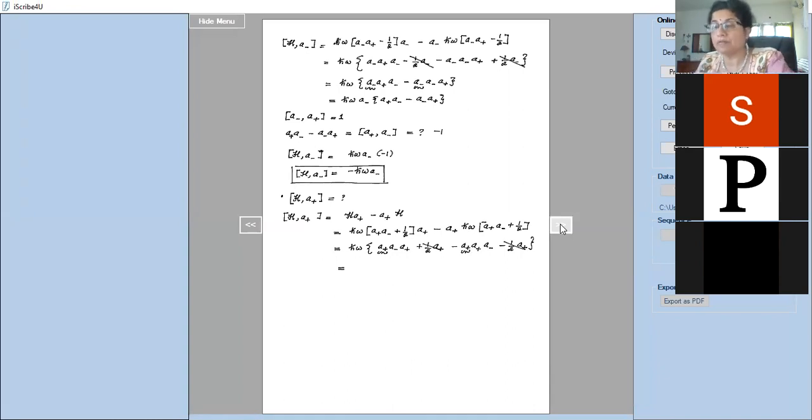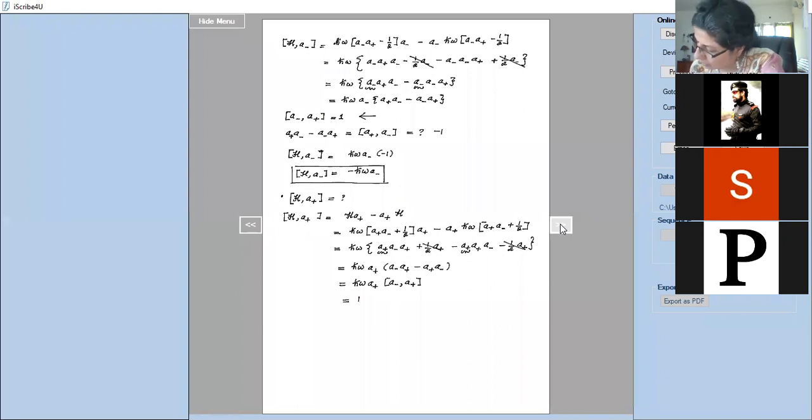We can take it out of the bracket, so we will get H cross omega A plus, and then what do we get over here? We get A minus A plus minus A plus A minus. So this is H cross omega A plus times the commutator of A minus and A plus. The commutator of A minus and A plus, I just wrote it down here, is 1, right?